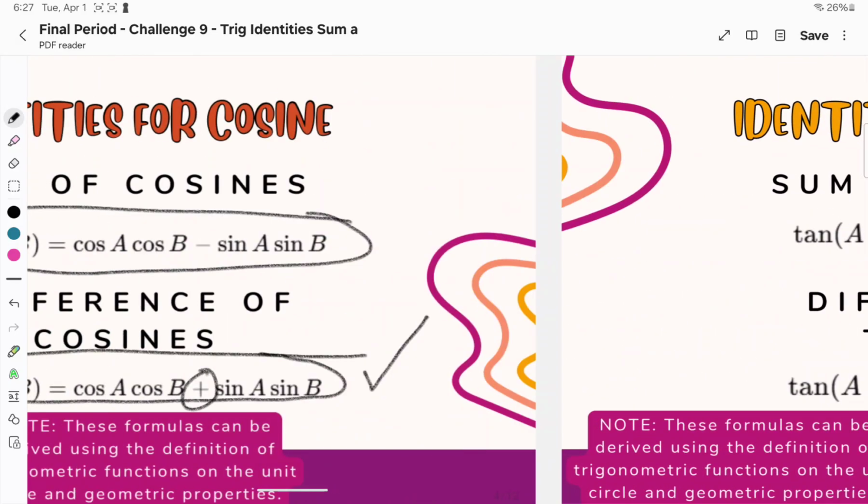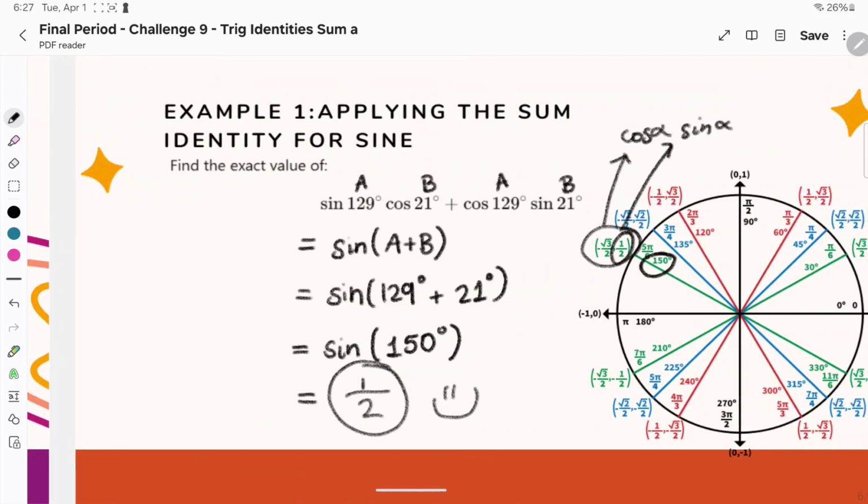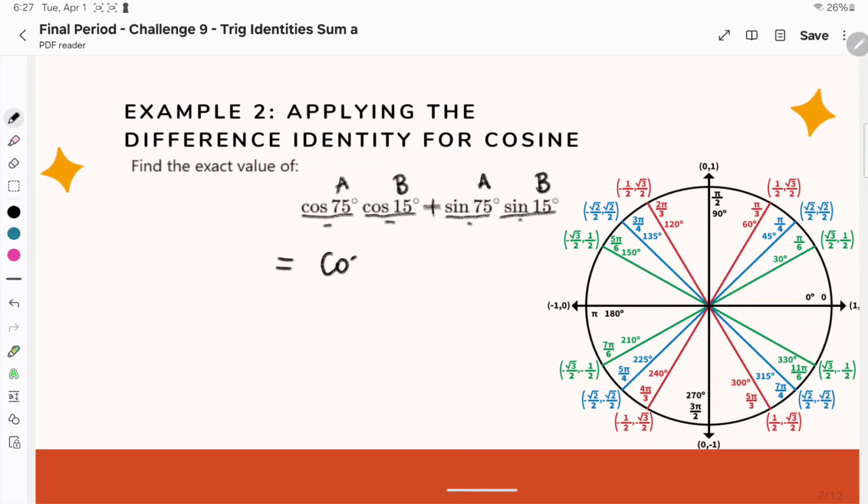And since I chose this because we had a plus, our expression is going to be equal to the cosine of A minus B.